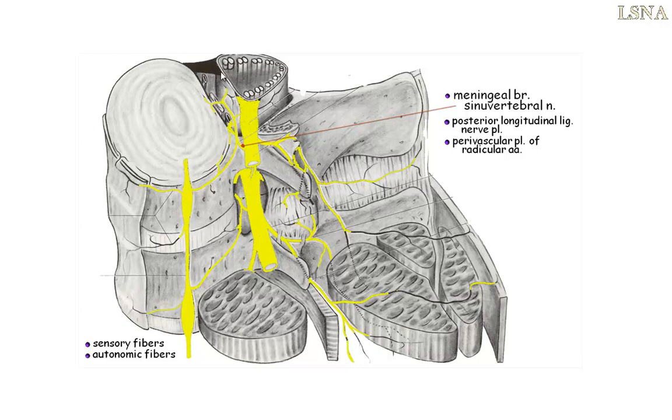This anterior dural plexus receives contributions from the meningeal branch of the sinuvertebral nerve, the nerve plexus from the posterior longitudinal ligament, and fibers from the perivascular plexus of the radicular arteries.